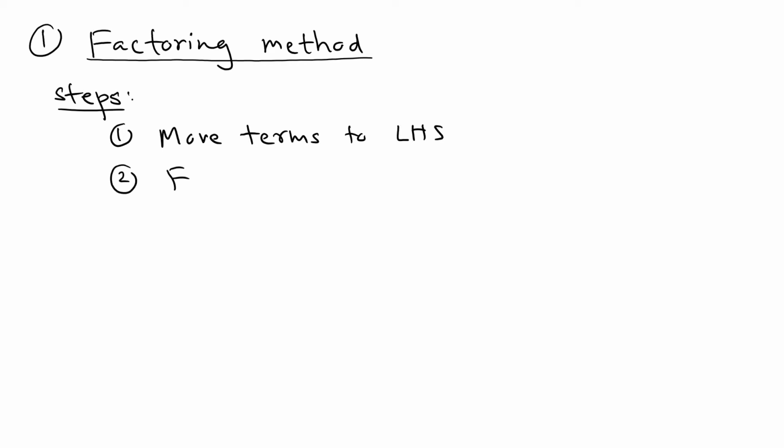So we have the factoring method. Let's look at the steps. We have 3 steps. The first one is to move terms to the left hand side. The second step is to factor.